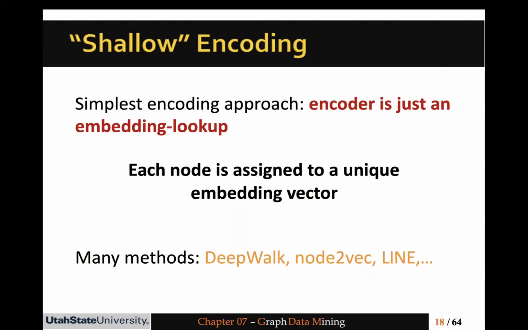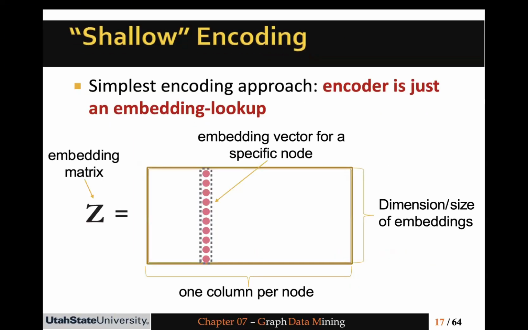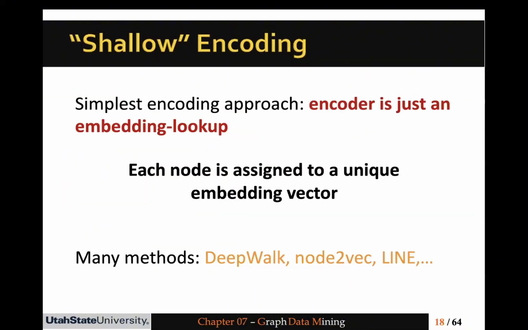So there are, in fact, multiple methods that find the exact Z matrix that I talked about in the previous slides. All of them work differently, and the only difference between them is the way they define the notion of similarity.